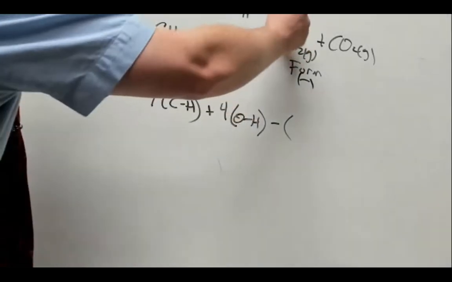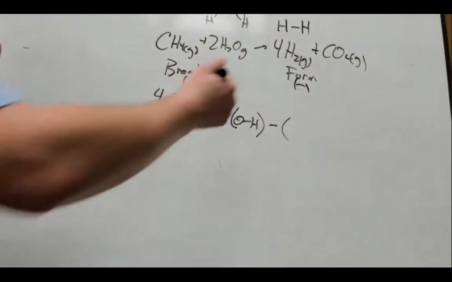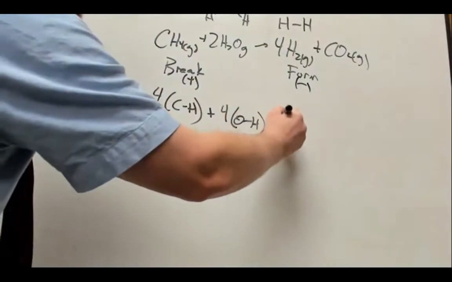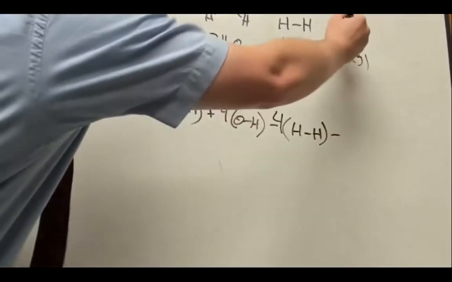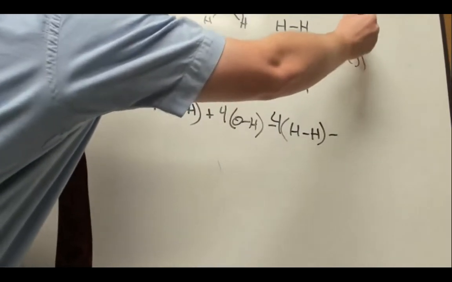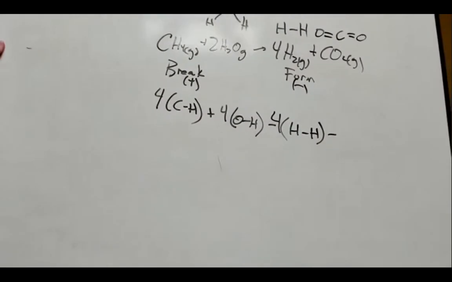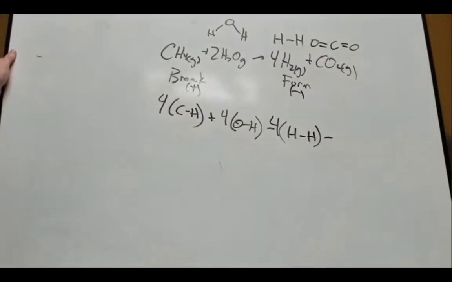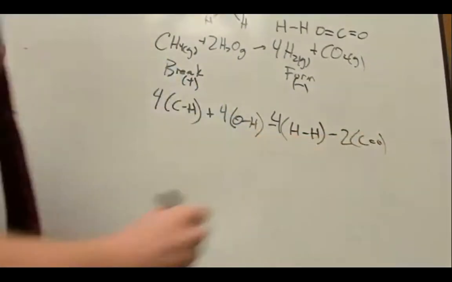So what's hydrogen? Hydrogen is this, just H bond H. There's 4 of them. So 4 H bond H minus, remember, carbon dioxide is this, C double bond O with the C double bond O. And so there's 2 C double bond O bonds.